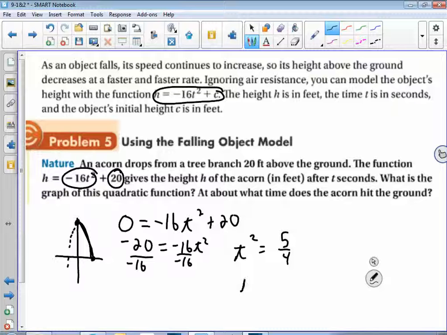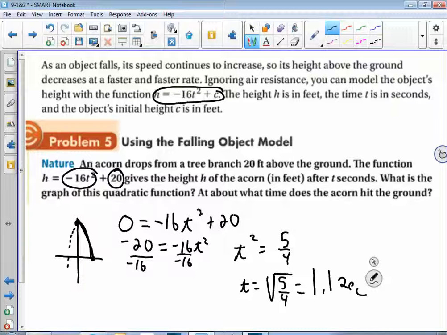And then t equals the square root of 5/4. What's the square root of 5/4? The square root of 5/4 is 1.1. So it hits the ground at about 1.1 seconds.